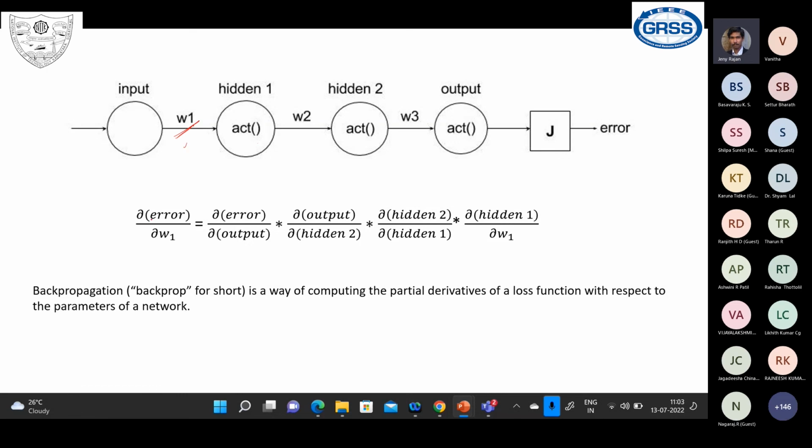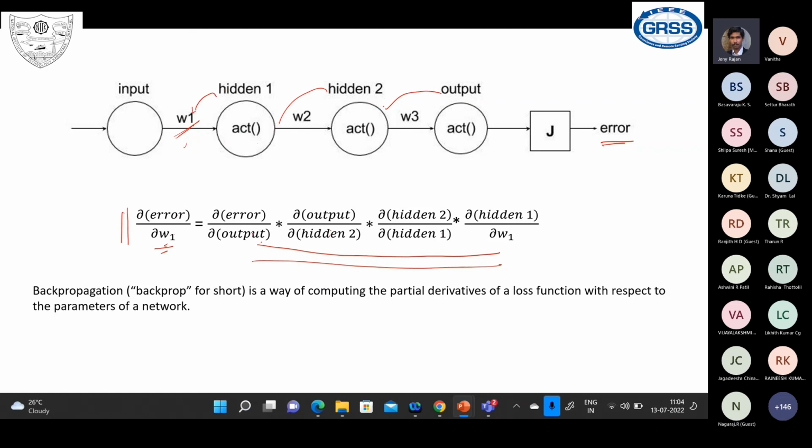To do it, we take the partial derivative, ∂error/∂W1. Here you can apply the derivative chain rule: ∂error/∂output × ∂output/∂hidden2 × ∂hidden2/∂hidden1 × ∂hidden1/∂W1.